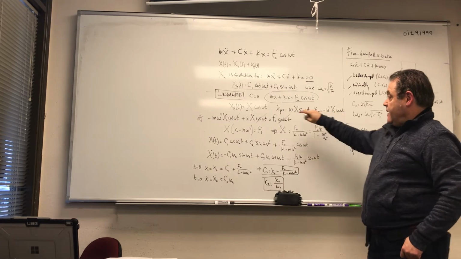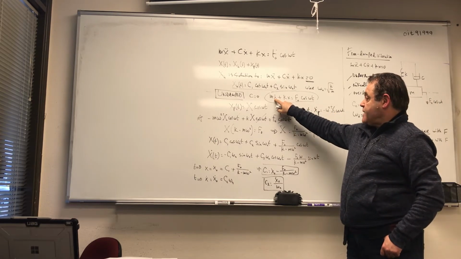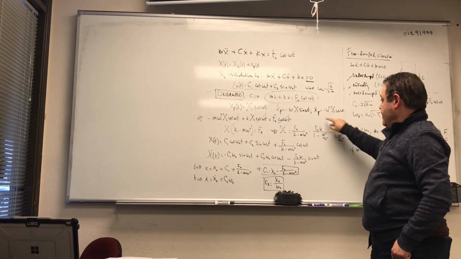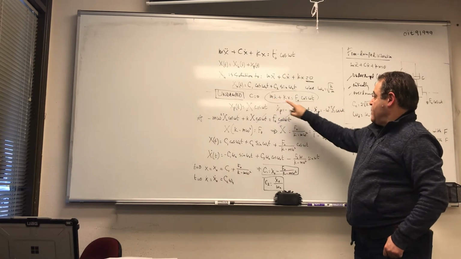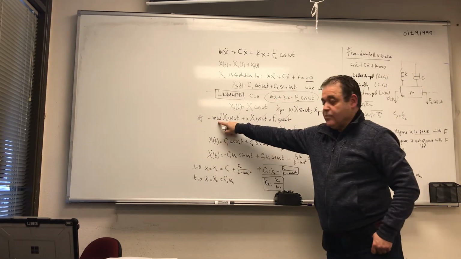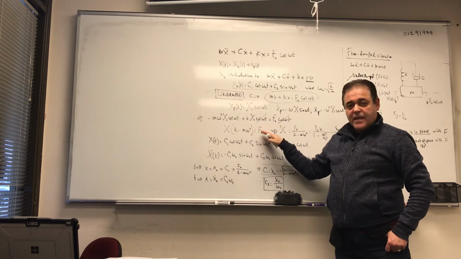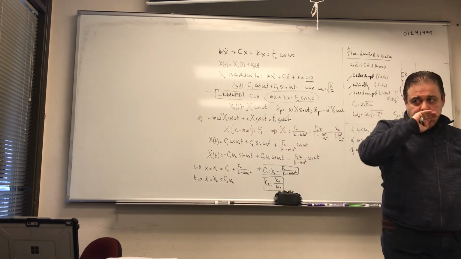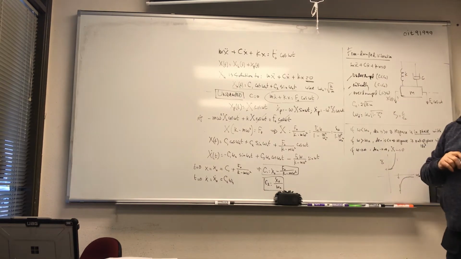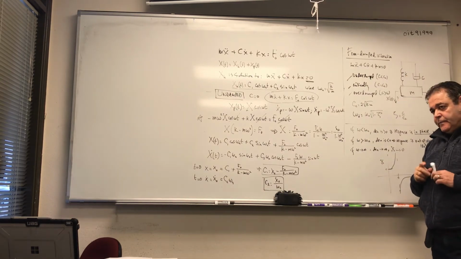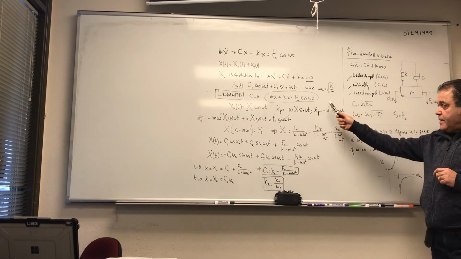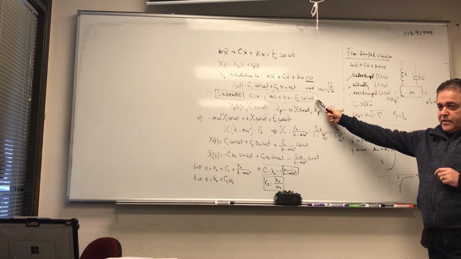Then I said, okay, let me go back to here and replace x dot dot by this big guy. That's where the minus m omega squared is gonna come from. And then I simplified, then I came up with this. So all these only apply when the forcing function is in this form.